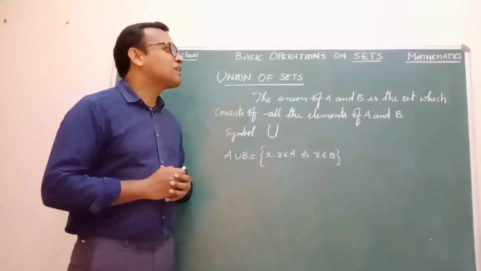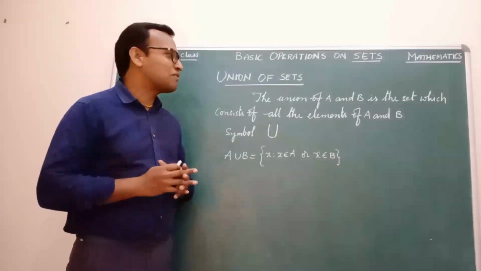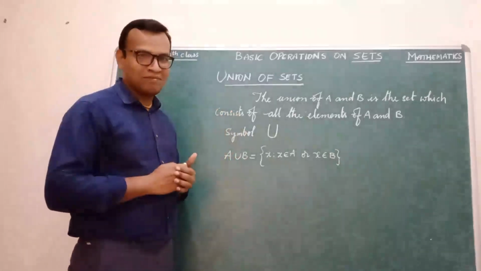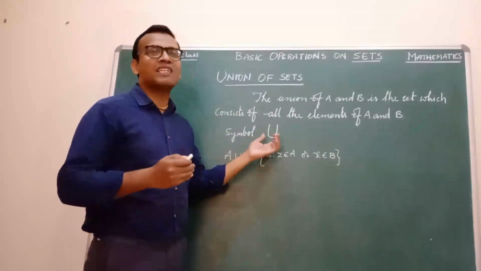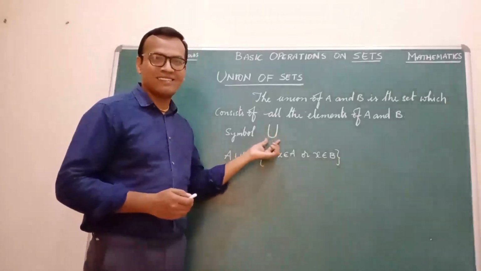The definition of union of sets is like this. The union of A and B is the set which consists of all the elements of A and B. And the symbol that we use to denote union of sets will be like this.